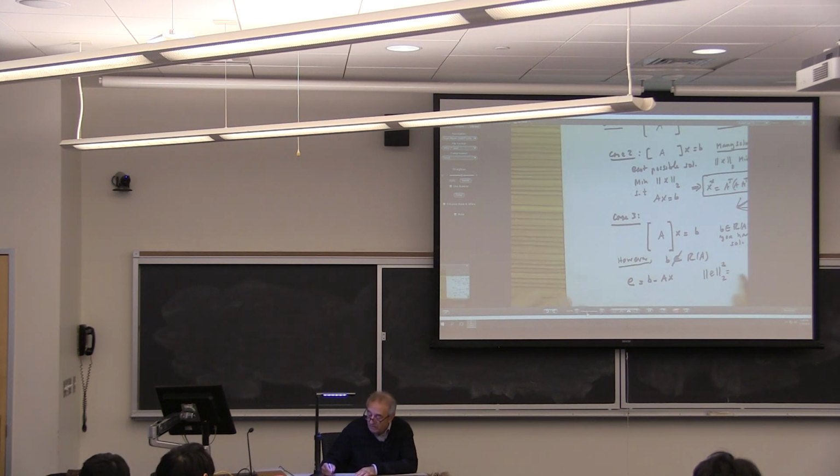So instead of taking the square root, I take E transpose times E, where E is B minus AX. E is a vector, so E transpose times E becomes a quantity. Then you minimize that. So how do we do this?